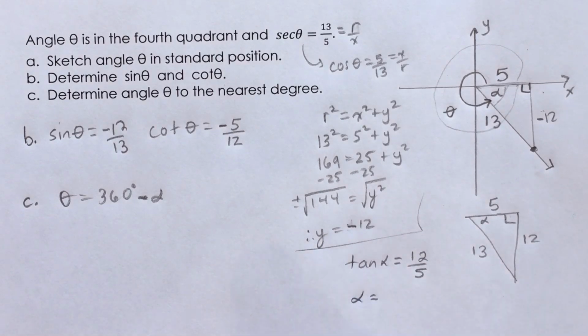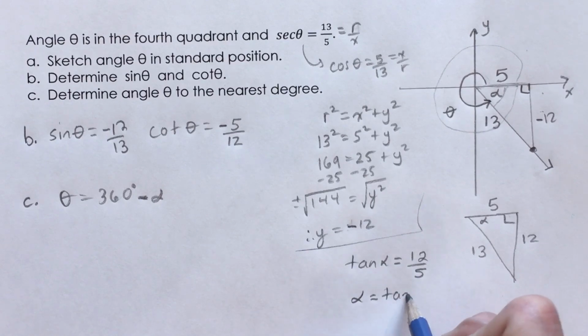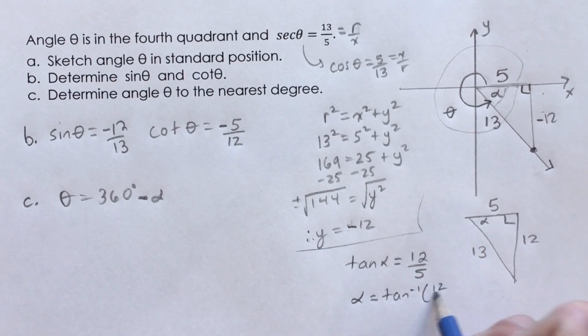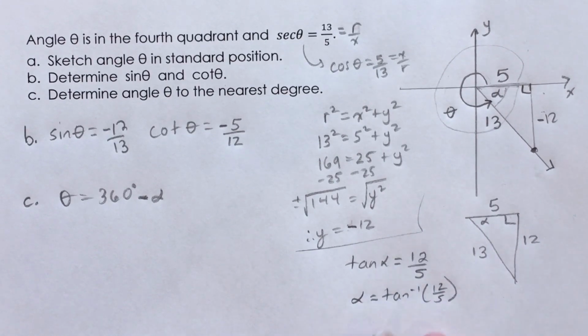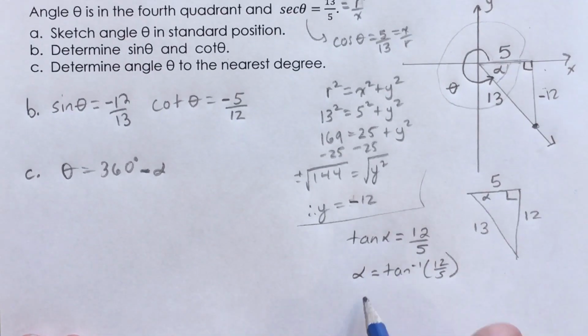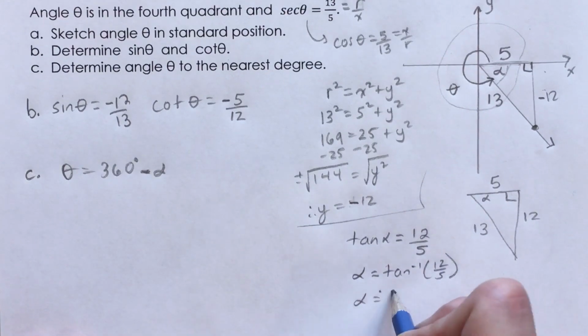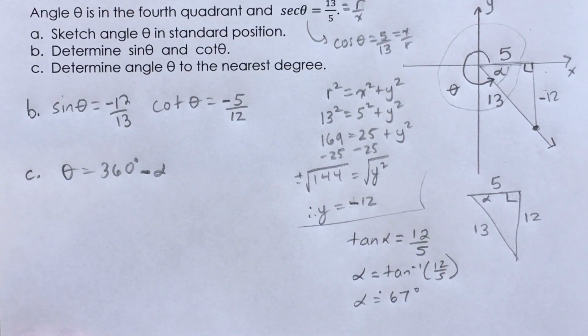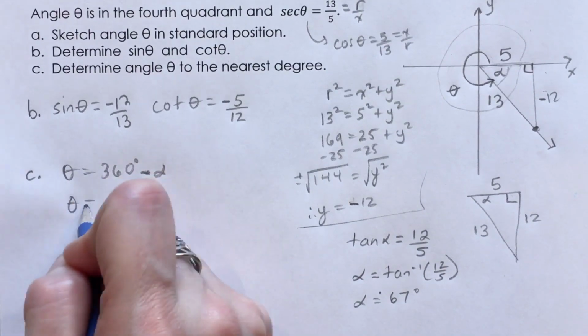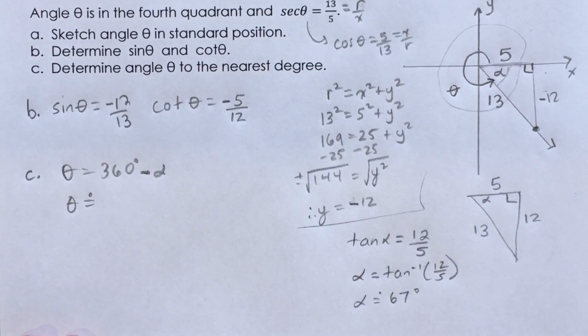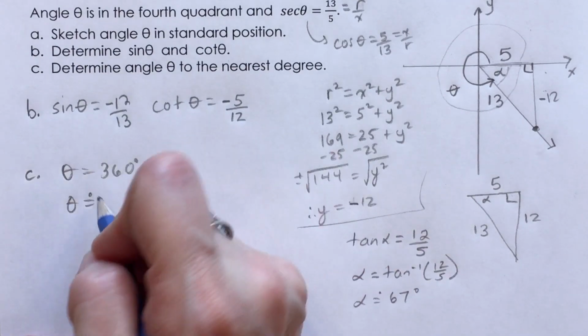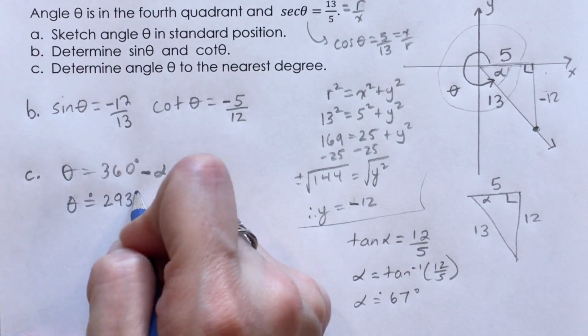So alpha is going to be the tan inverse of 12 over 5, which is going to be approximately 67 degrees if you round to the nearest degree. So that means theta is going to be approximately 360 minus 67, or 293 degrees.